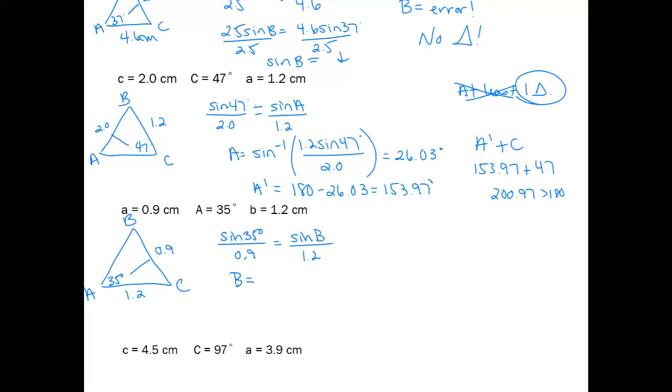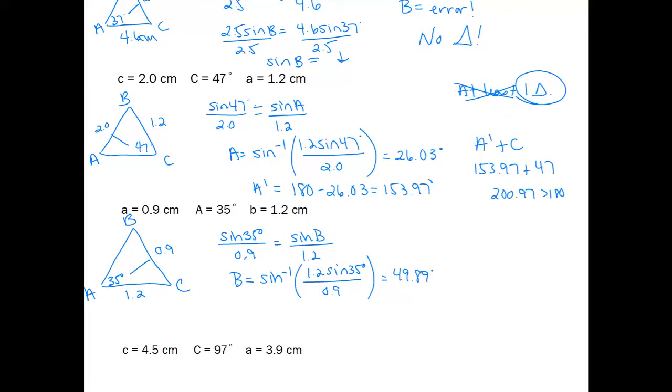When we solve for B, again, we have to use that sine inverse, and we'd have 1.2 times sine of 35 all over 0.9. When you solve that this time, we get an angle of 49.89 degrees.